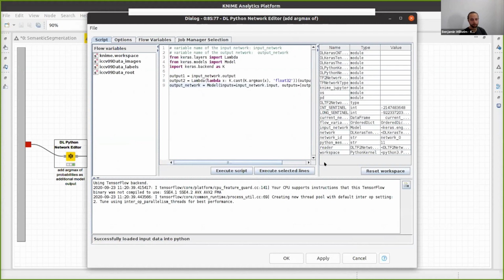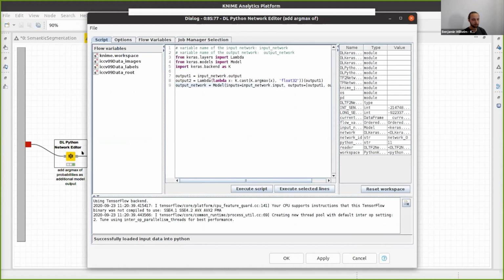So what we can do is edit our existing trained network and add another layer to it. And this layer is just using the argmax function to get the class with the highest probability for each pixel. And then we create our network with the same inputs and the new output of the segmentation map.